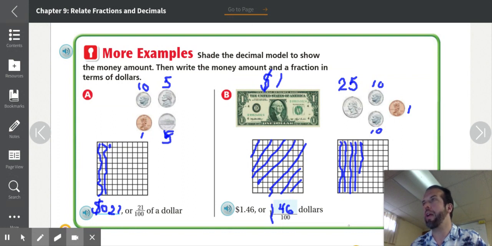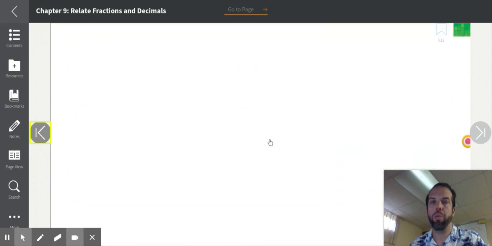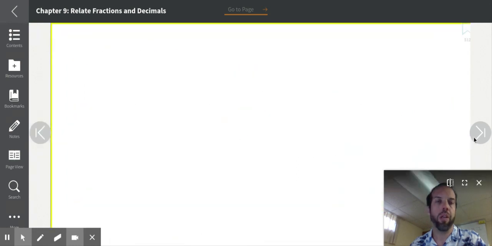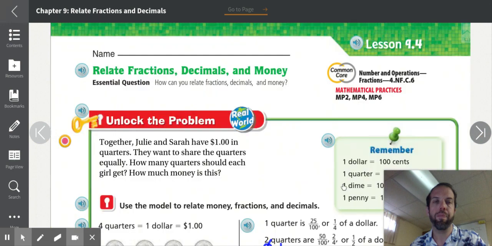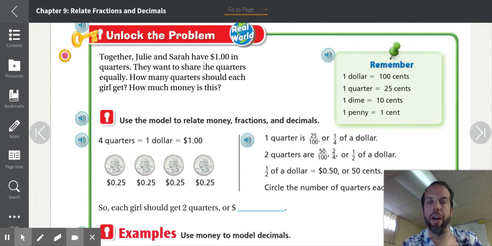All right. So now let's look at a word problem, which is going to be on our first page. So I think that's 513. Let's go back. Oop, I went back too far. Page 513. All right. So it says, together, Julie and Sarah have $1 in quarters.